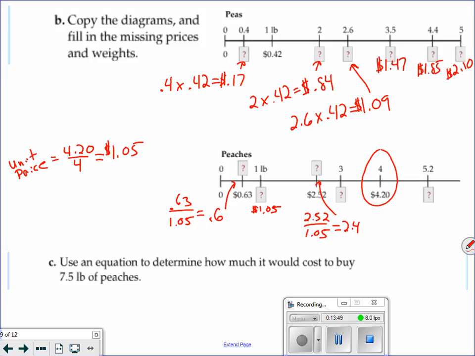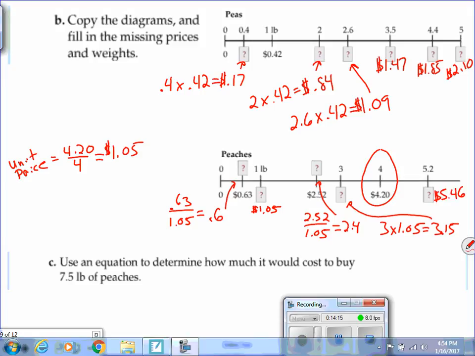Now, if we know the number of pounds again, we're going to take that 3 times the $1.05, and that's going to give us $3.15 for that one. So that's the one that goes right there. Okay, so take a moment, pause and check, see how you do on the last one.